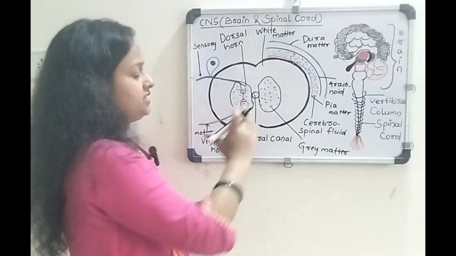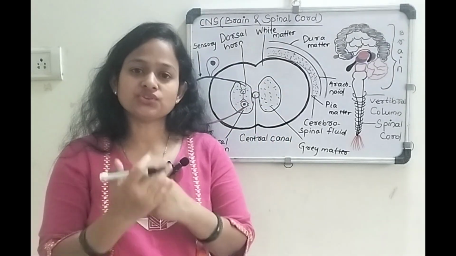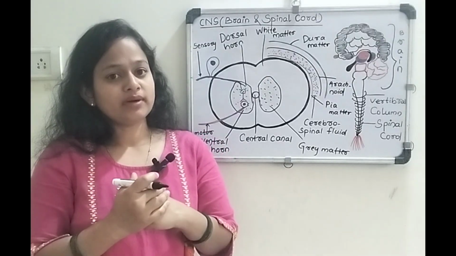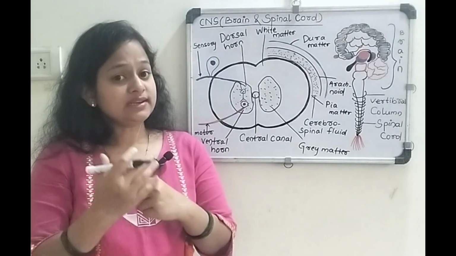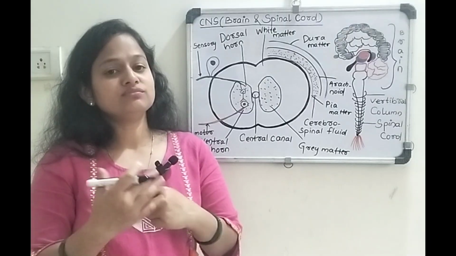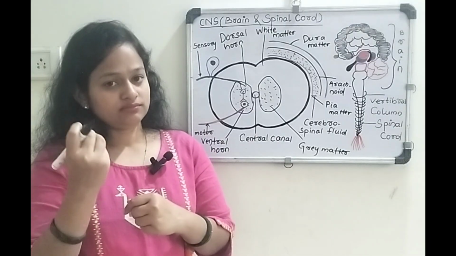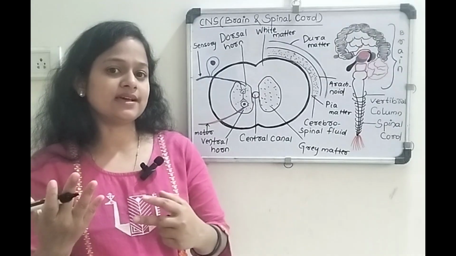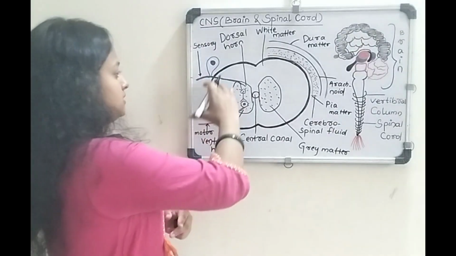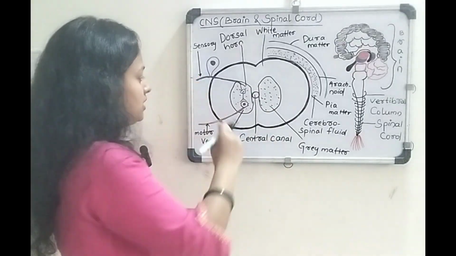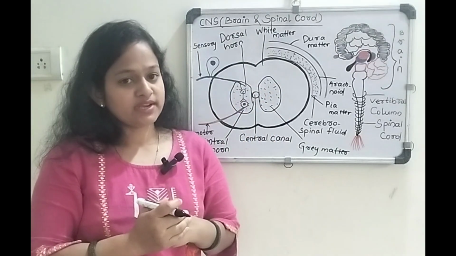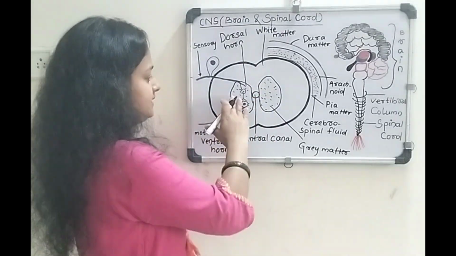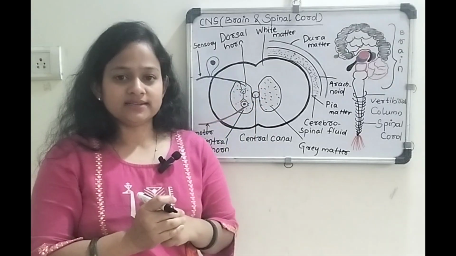The outer tube is white in color due to the presence of axons that are surrounded by the myelin sheath. The myelin sheath, as we know, is formed of myelin fat, and these fats are white in color. So the outer part of the spinal cord is white, and the middle part is grey.